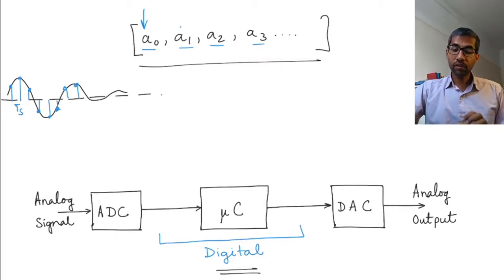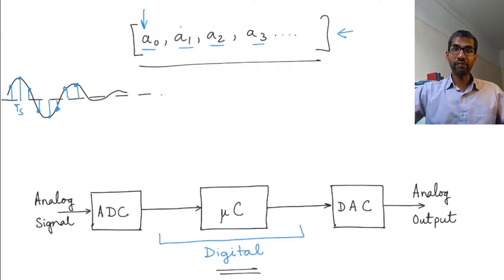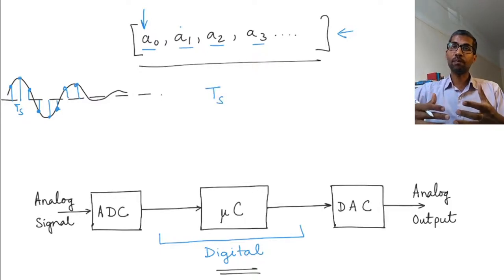But if you really look at the digital signal itself, the array of values, there is no time signature in it. At a different location, you might have stored TS, or you might know that your signal has been sampled at, let's say, 100 hertz.